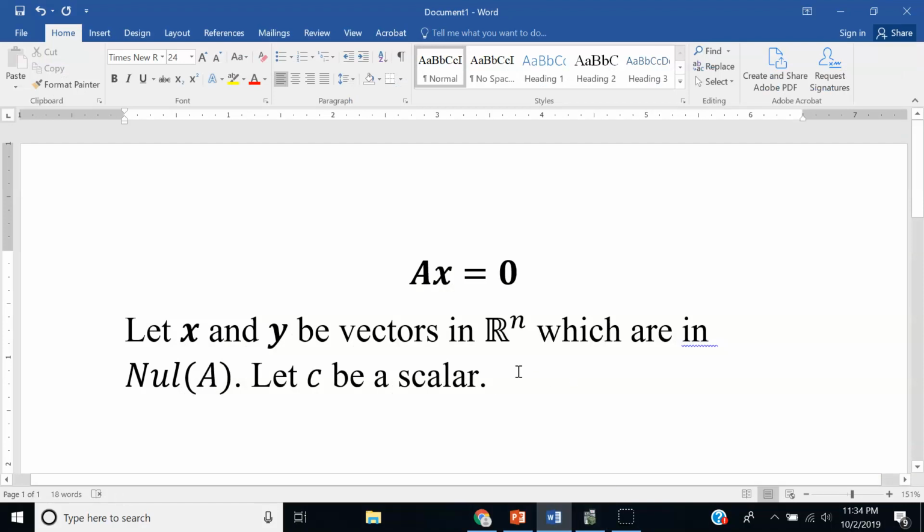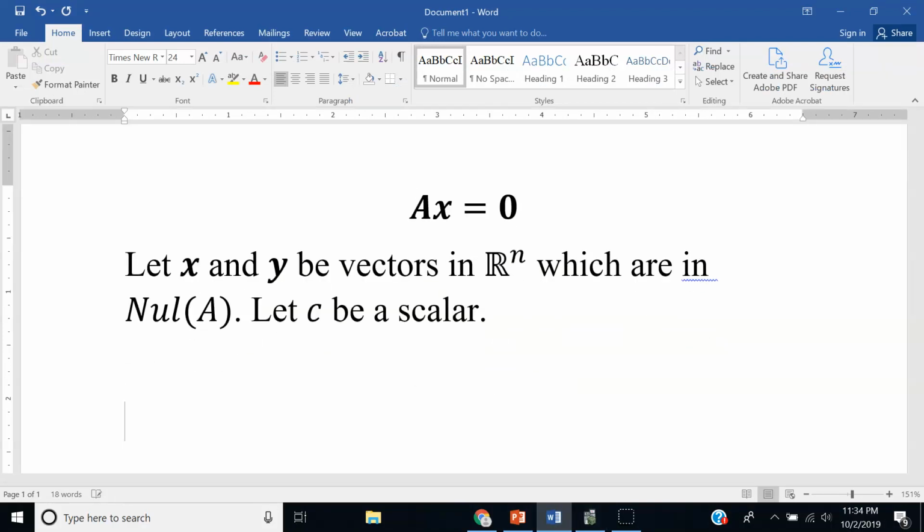We dealt with subspaces. And if you remember in the previous section, what we needed to show were three facts. We needed to show that the 0 vector was in the set, that the set was closed under addition, and that the set was closed under scalar multiplication.